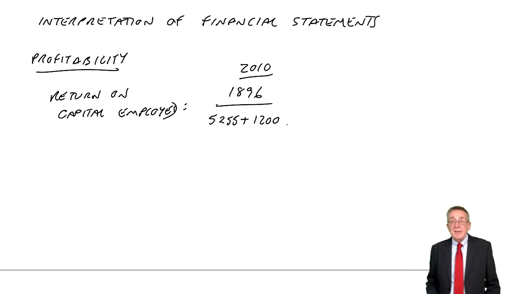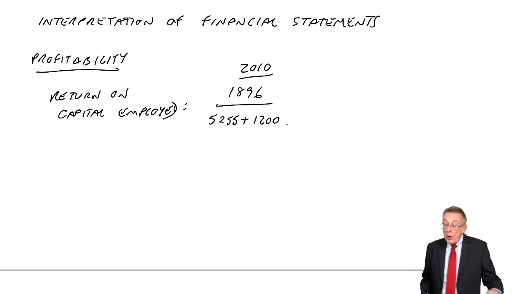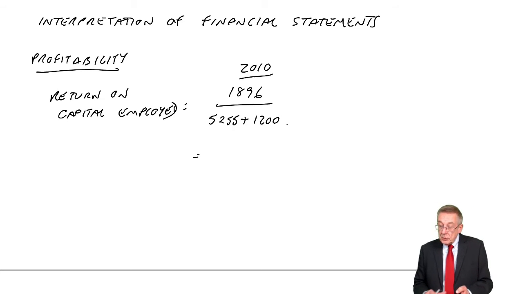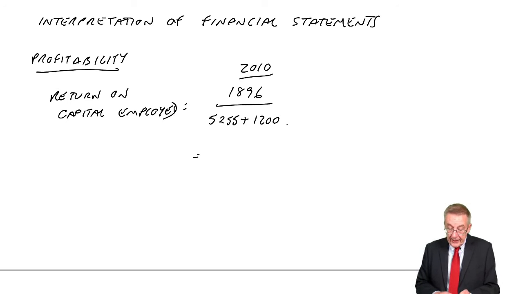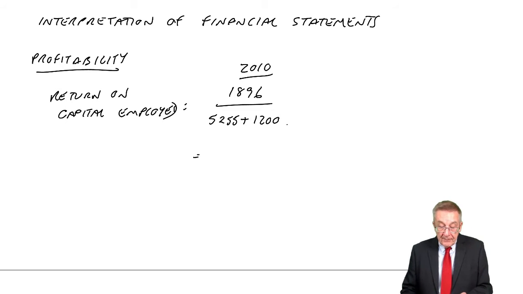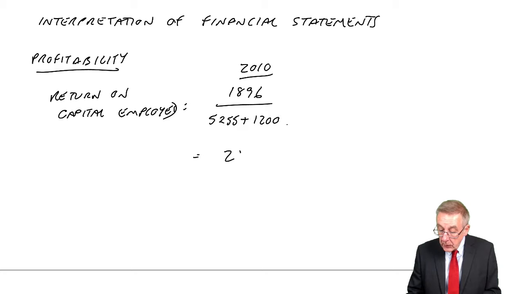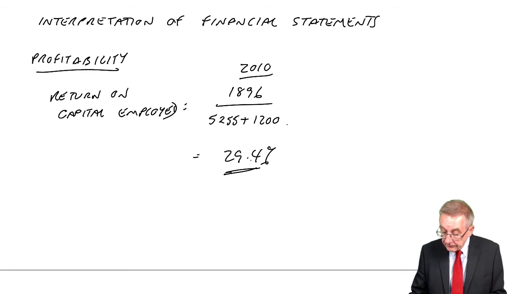That's the total money invested in the business. What percentage profit is it giving? Well, 1896 divided by the total of those two, 6455. As a percentage, I get 29.4%.